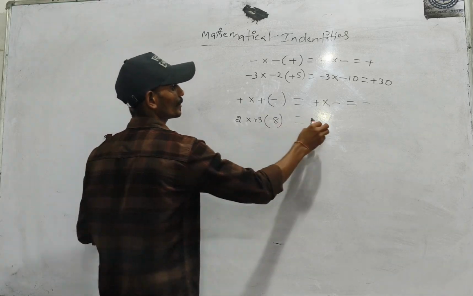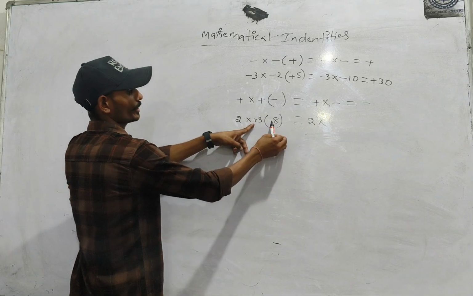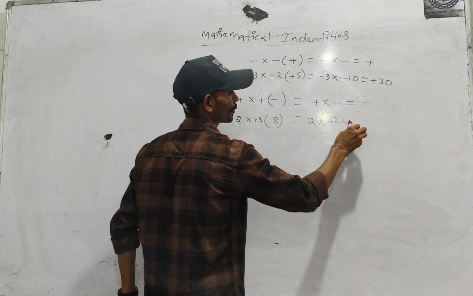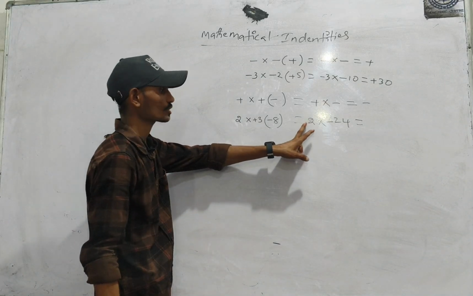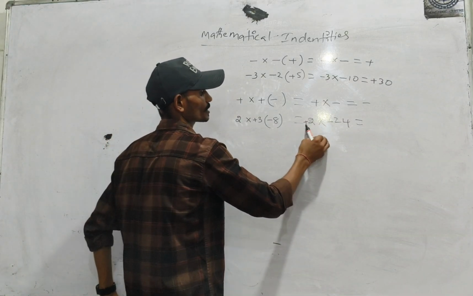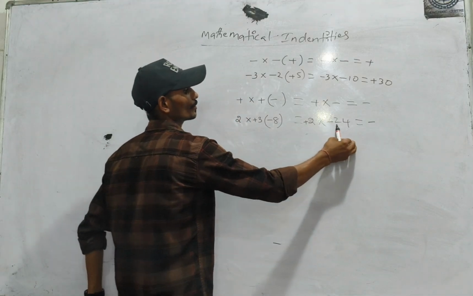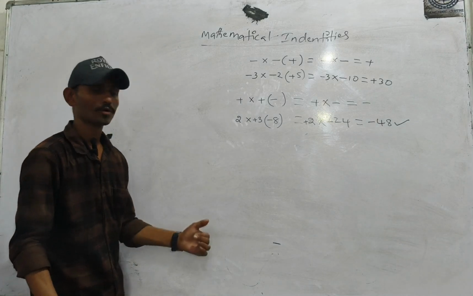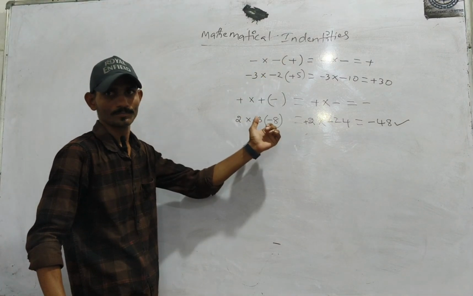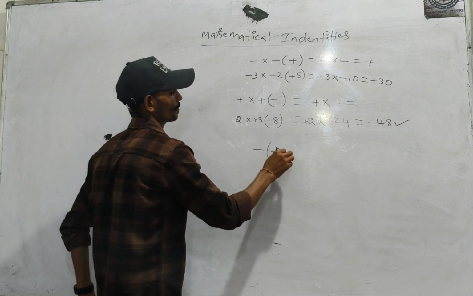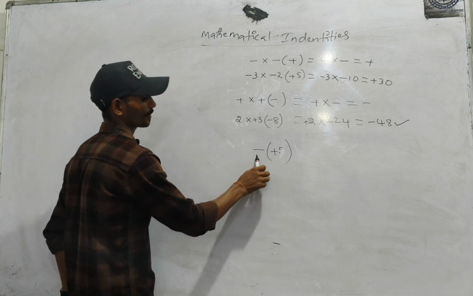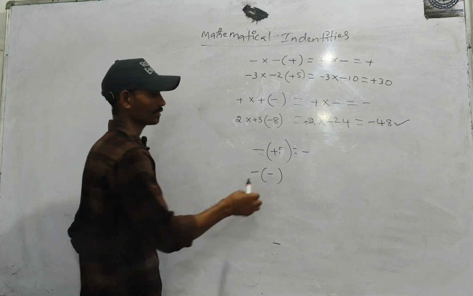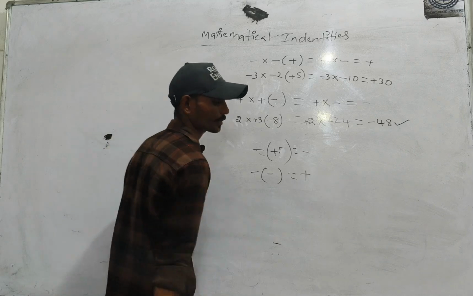Positive into negative gives a negative answer. 3 eights are 24, 2 twenty-fours are 48, so the answer is minus 48. I hope all of you understand. Negative into positive gives a negative answer, and negative into negative gives a positive answer.